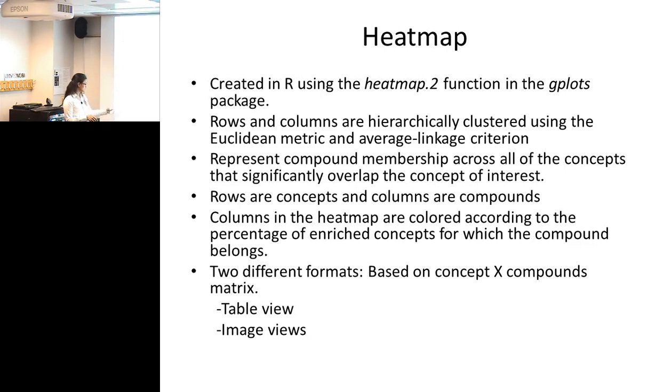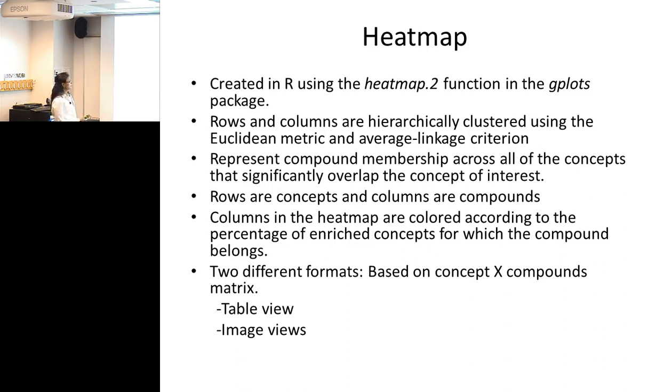One is the table view, which is for less than 300 compounds or concepts, and more than 300 will go to the image view, which is a static image created by Grails. The cluster is created by hierarchical clustering, and we use the Euclidean metric with the average linkage criterion, in which rows are concepts and columns are compounds.